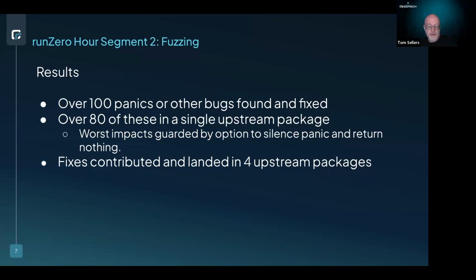Fortunately, the worst impacts for that particular package were put behind some guardrails that basically said, if you see a panic in a particular subset of the logic, don't actually panic, just return nothing or return an error. So in any of these situations, whenever bad data comes in, you just get no result. In our case, if we were processing packets and the data from them, we might get nothing from the packet as opposed to a panic or some other undesirable outcome.